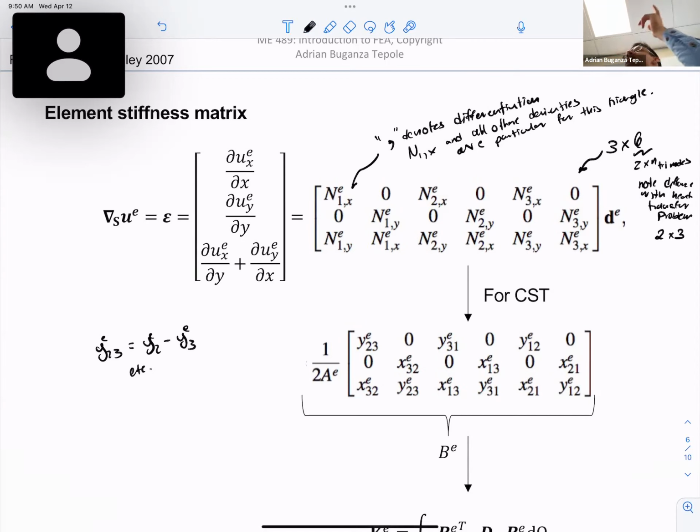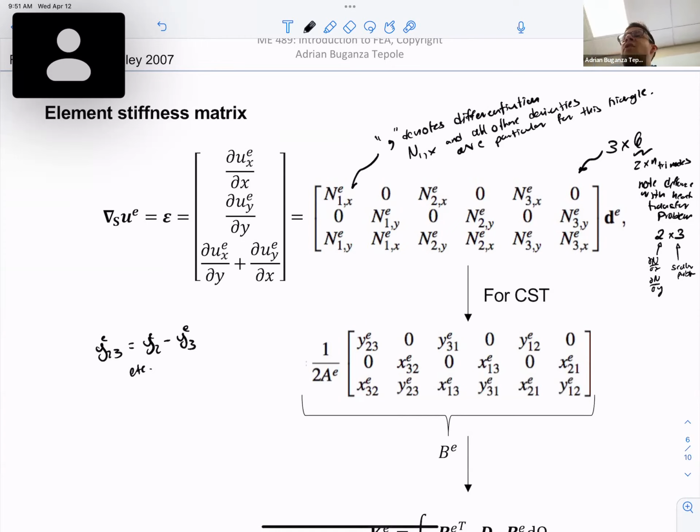And the 3 was just because it was a scalar problem, so we only had temperature, temperature, temperature. The gradient was just dN/dx, dN/dy, and we only had T1, T2, T3 for the nodal values.